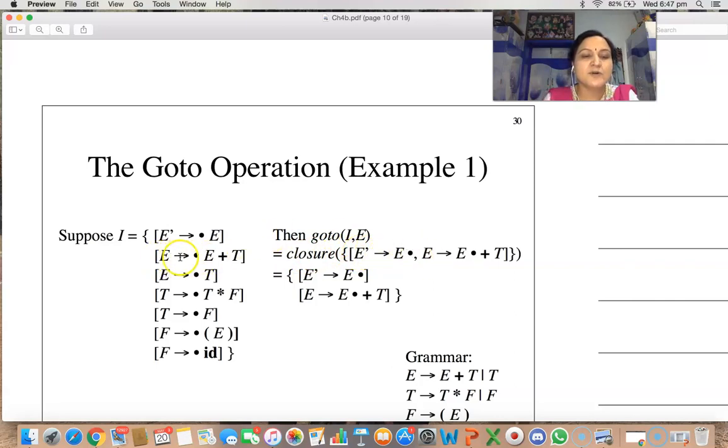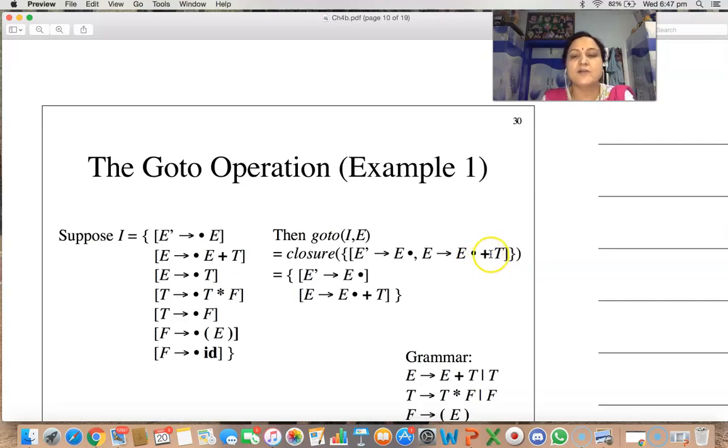Then there is one more production where the dot is before E. Here also the dot has to be shifted because we are reading E. So the closure of goto(I, E) is E' → E·, E → E· + T. Now here plus is a terminal, so we cannot take closure.